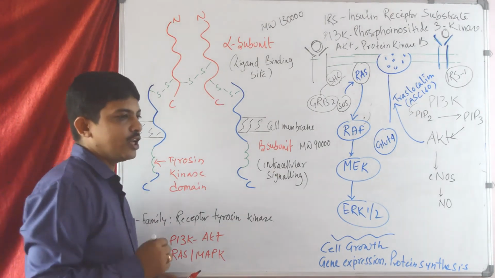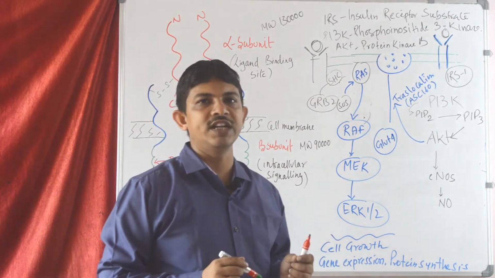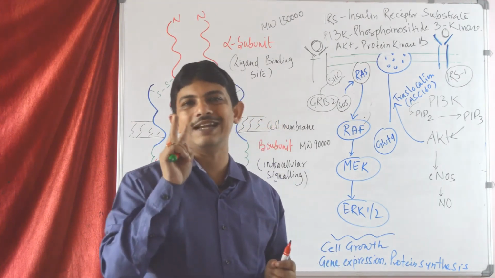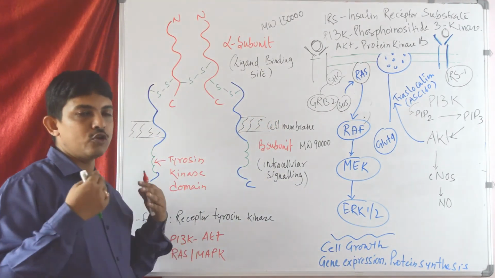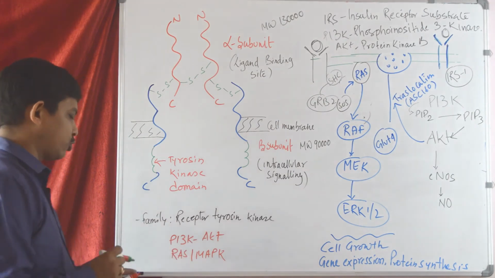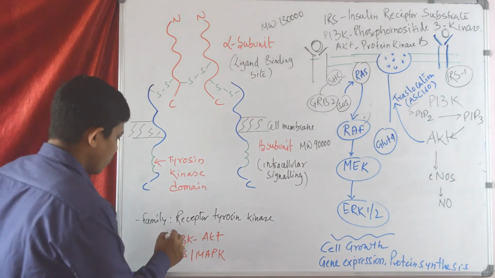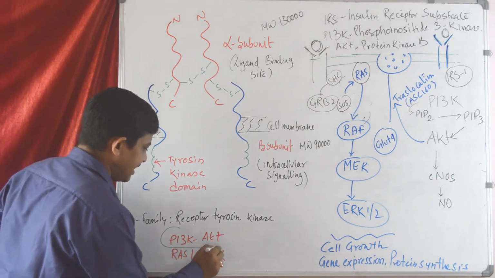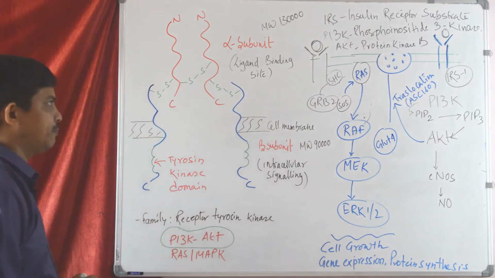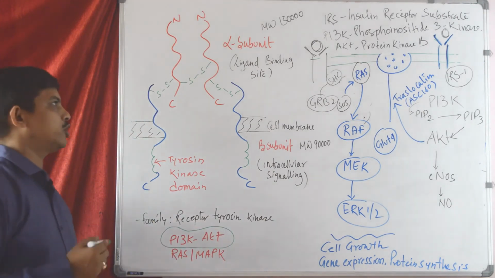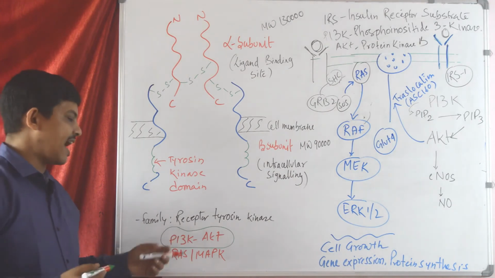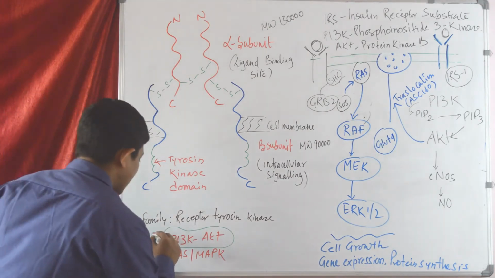Now whenever insulin binds to this insulin receptor, it will follow majorly two pathways. So it will produce its activity via two pathways. What are the two pathways? One is the PI3K AKT pathway, phosphoinositide 3 kinase and AKT pathway.